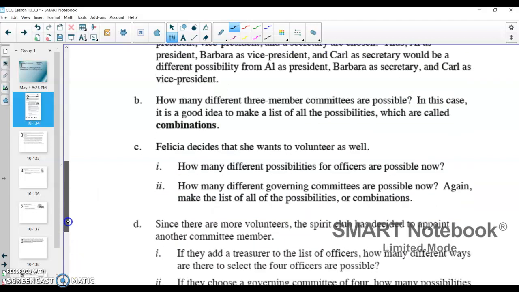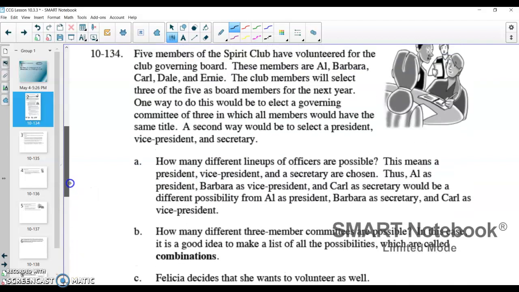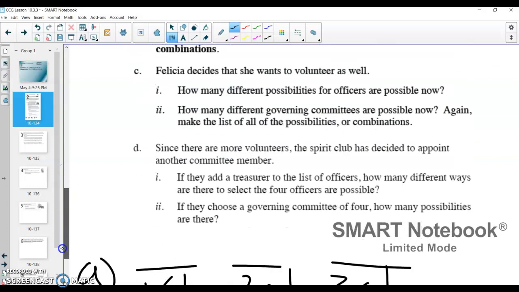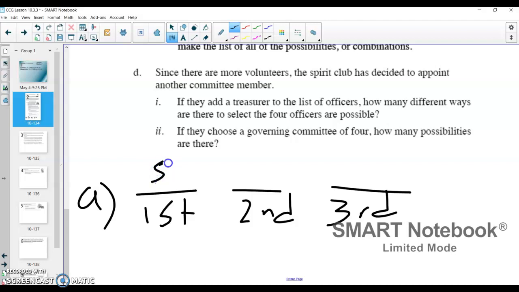Now, on the first choice, you have 5 people because you have all of the contestants, Al, Barbara, Carl, Dale, and Ernie. And so you have 5. After somebody gets chosen, let's say as president, you only have 4 choices then. Let's say somebody gets chosen for then vice president. At the end, you only have 3 choices. And there goes our decision chart looking like a permutation problem we saw yesterday.